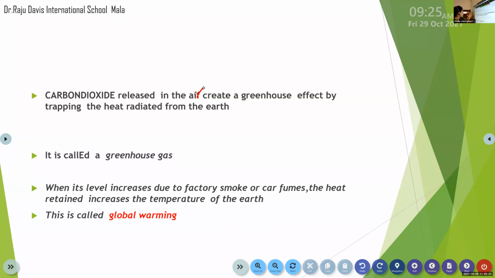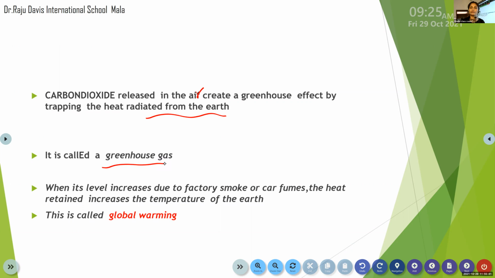I mean the carbon dioxide released in the air creates a greenhouse effect by trapping the heat. That means it absorbs the heat radiated from the earth, so it is called a greenhouse gas.